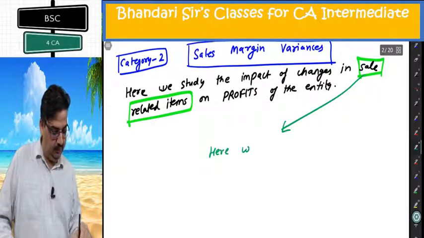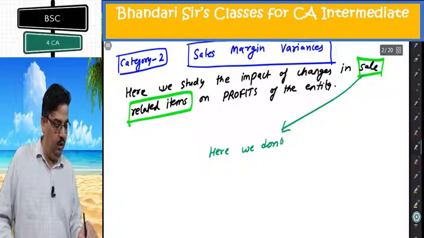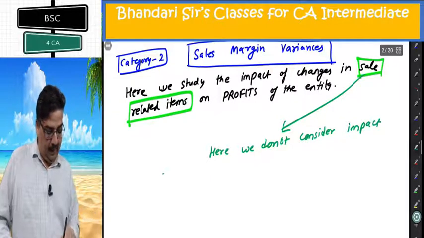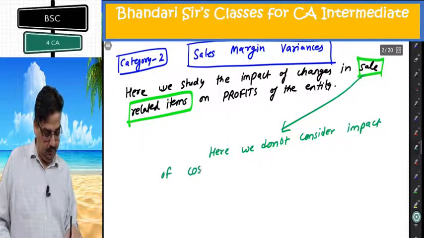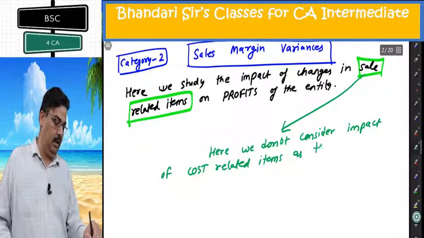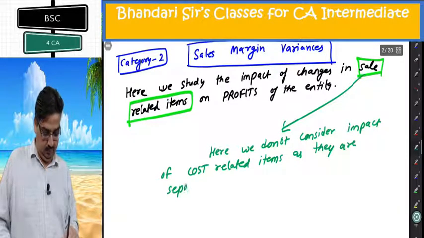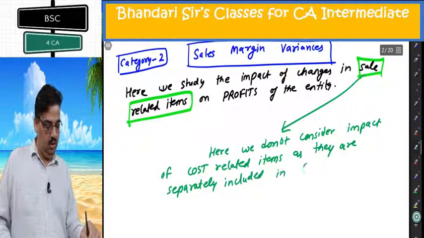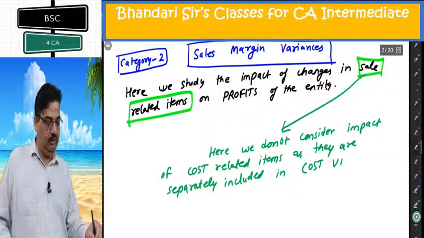Here we do not consider impact of cost related items as they are separately included in cost variances.